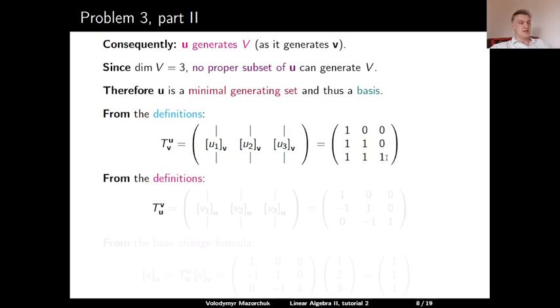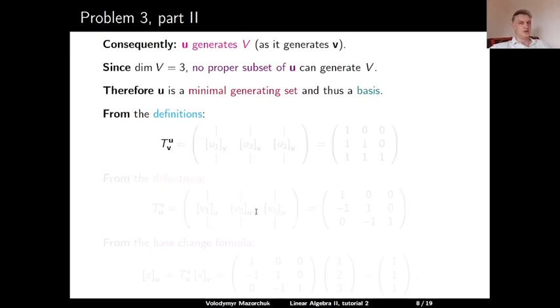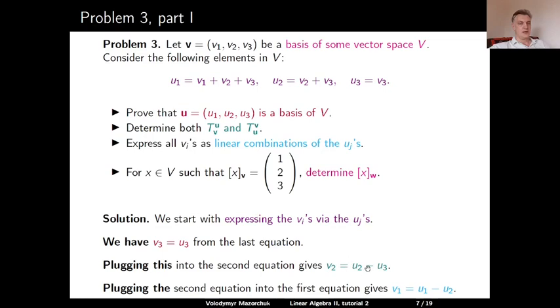So this transformation matrix is the matrix which we can read column-wise: 1, 1, 1, 0, 1, 1, 0, 0, 1. Similarly, from the definitions, the transformation matrix from U to V consists of the coordinates of V1, V2, and V3 in the basis U written column-wise. But we computed this when we expressed the V's as linear combinations of the U's. So here is our computation.